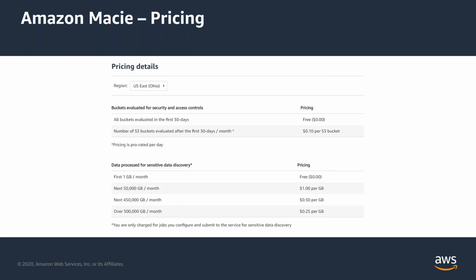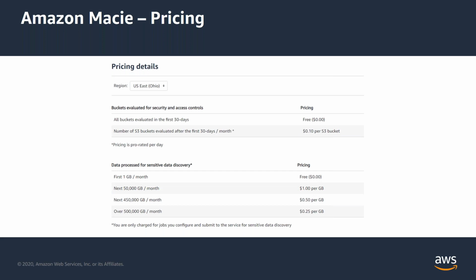Again, the first GB each month is included free of charge. And then after that, there are 3 volume tiers on the amount of data that is processed cumulatively in all the accounts. And it goes from $1 per GB per month all the way down to 25 cents per GB per month.